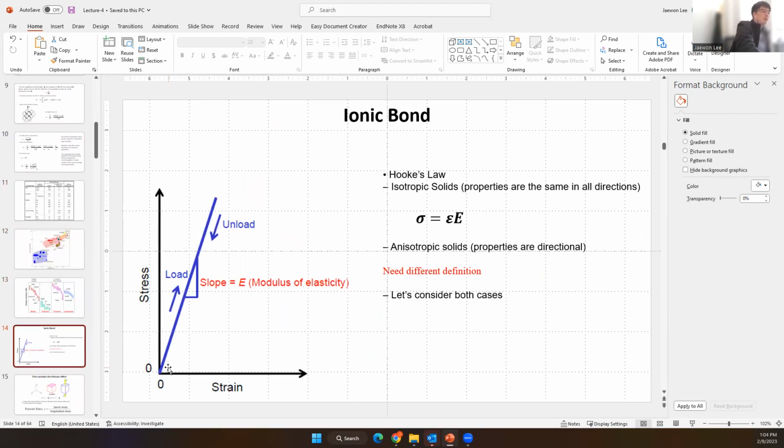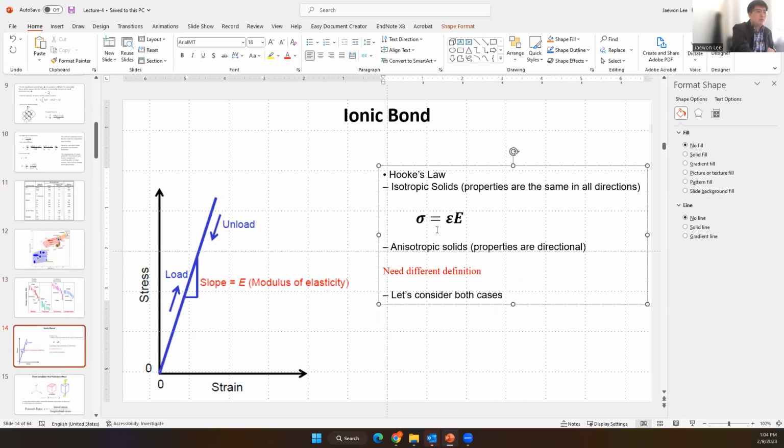If we use composite materials, we can improve the Young's modulus. Just think about Hooke's law, where the slope is the elastic modulus. We already studied it before, but now we are going to study the isotropic solid and the anisotropic solid.